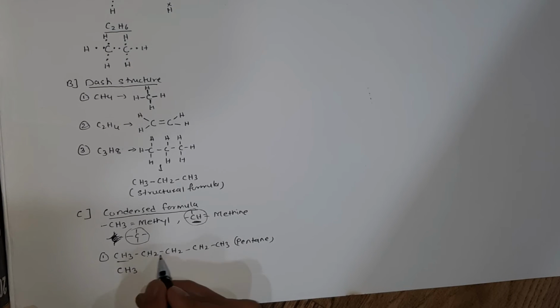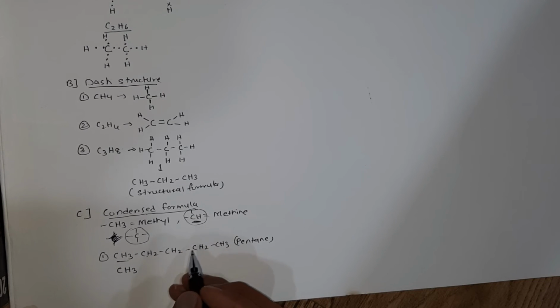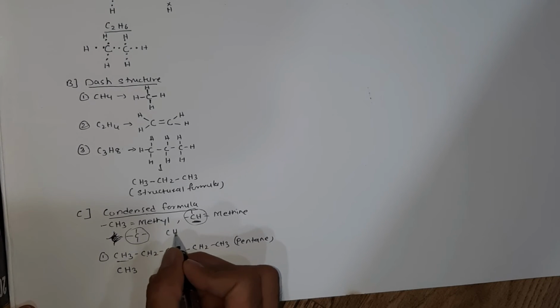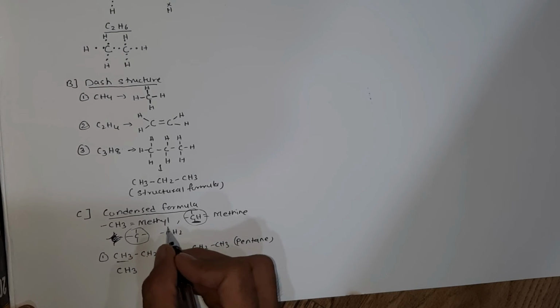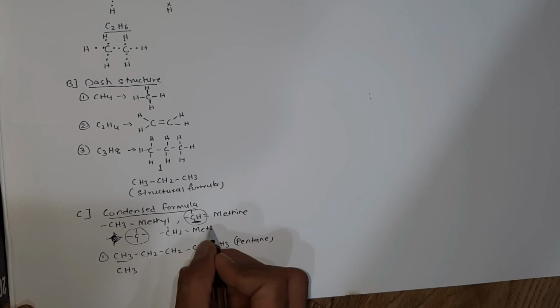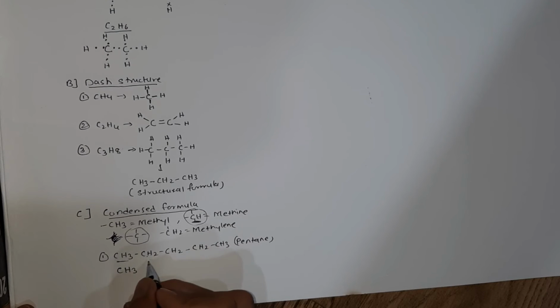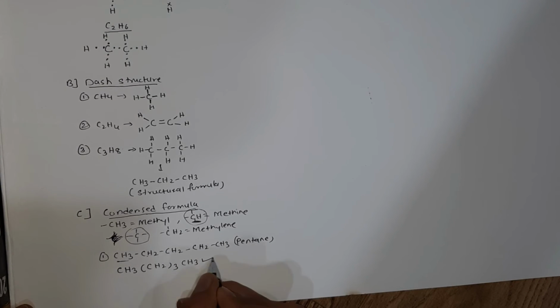Now there are 3 methylene groups. CH2 is called a methylene group. This too I have told you. There are 3 methylene groups in a row attached to each other. So it will be CH2 thrice and then again a CH3. So this is the correct way of representing a condensed formula for the compound.